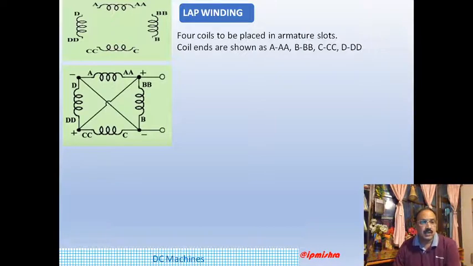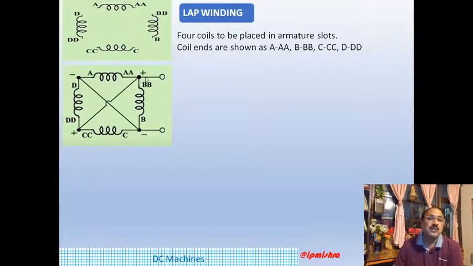Coil A is connected to coil B at a point. This is the positive point, and these four dots shown here are brushes, those brushes which are installed at the interpolar region.